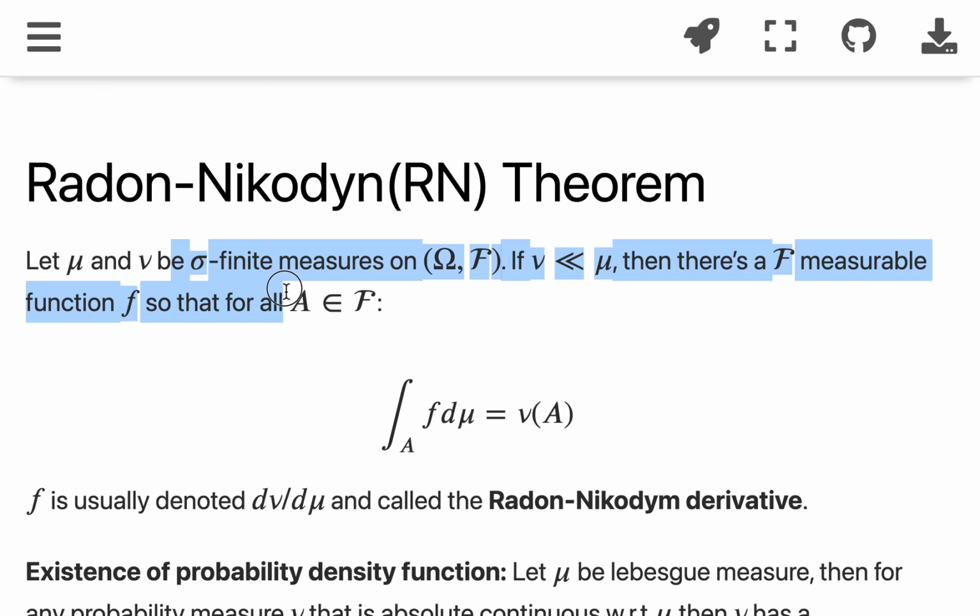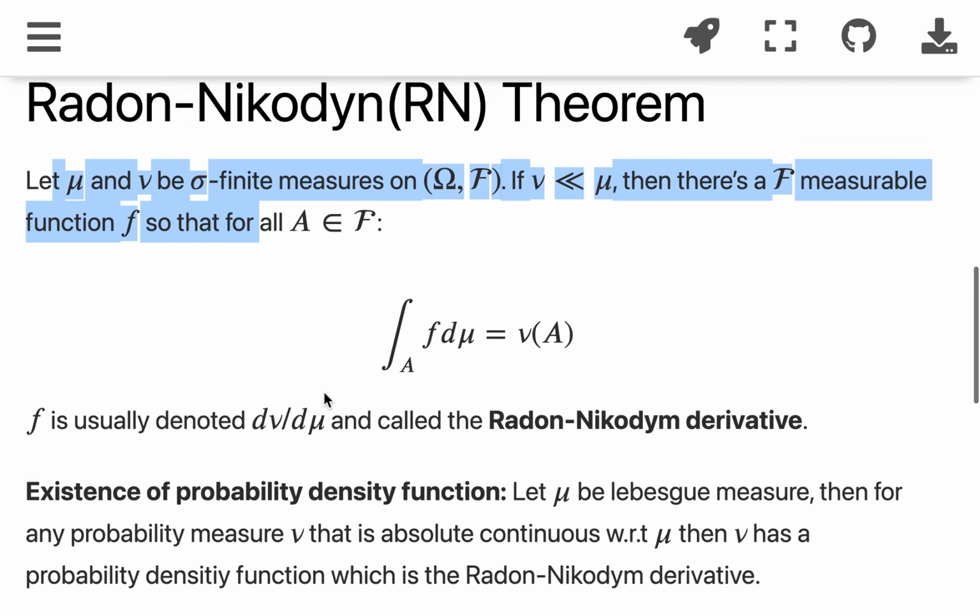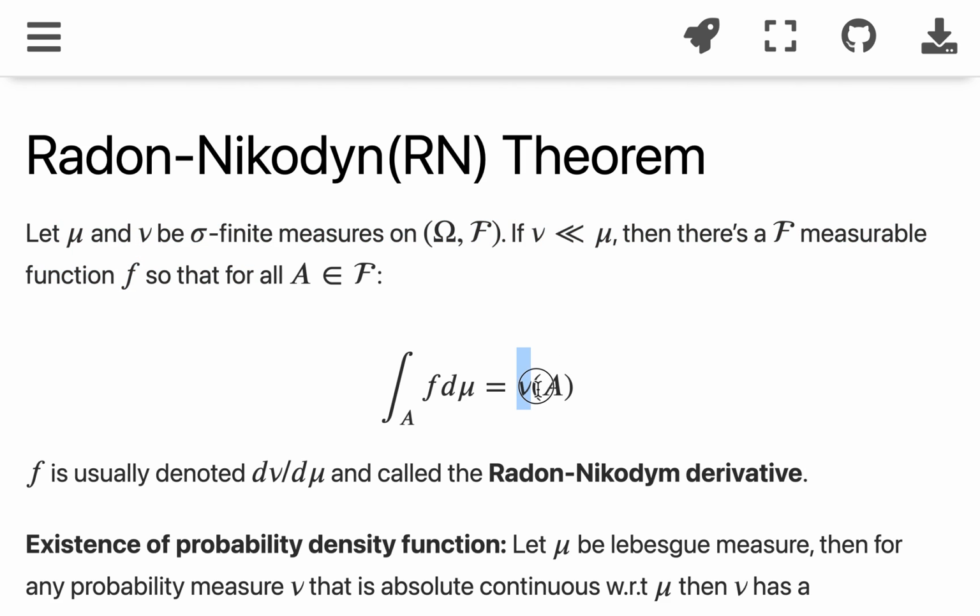If the assumptions given in the Radon-Nikodym Theorem are satisfied, then we can say that the given probability measure has a density function or has a conditional expectation. So let's look at what the Radon-Nikodym Theorem is. Given mu and nu are sigma finite measures.